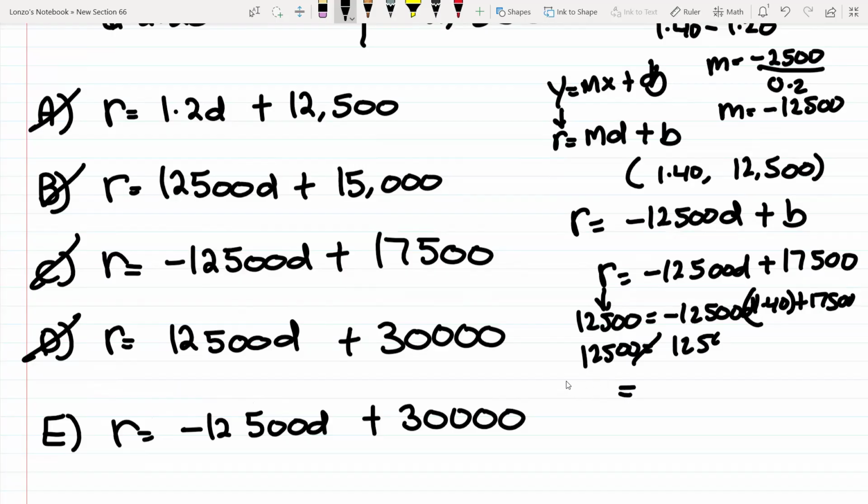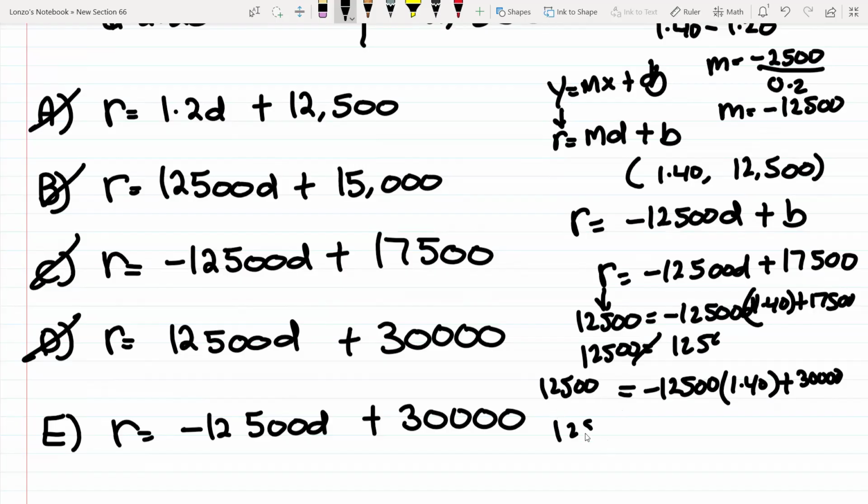R is 12,500, and it's negative 12,500, and my D is like my x, so 1.40, plus 30,000.